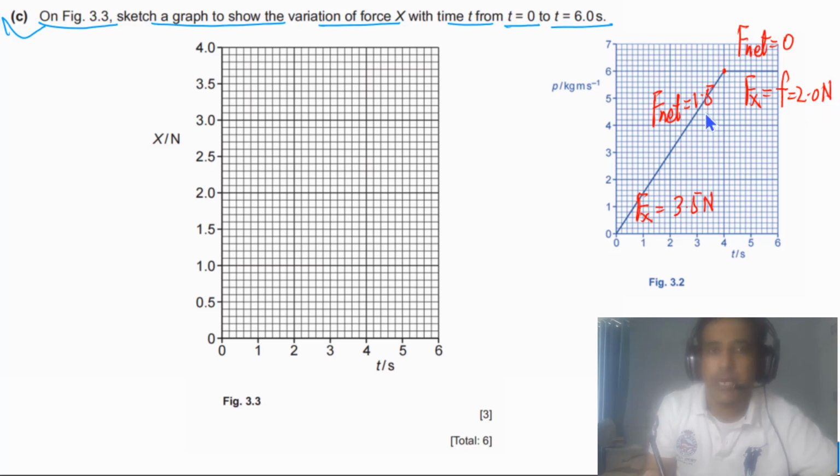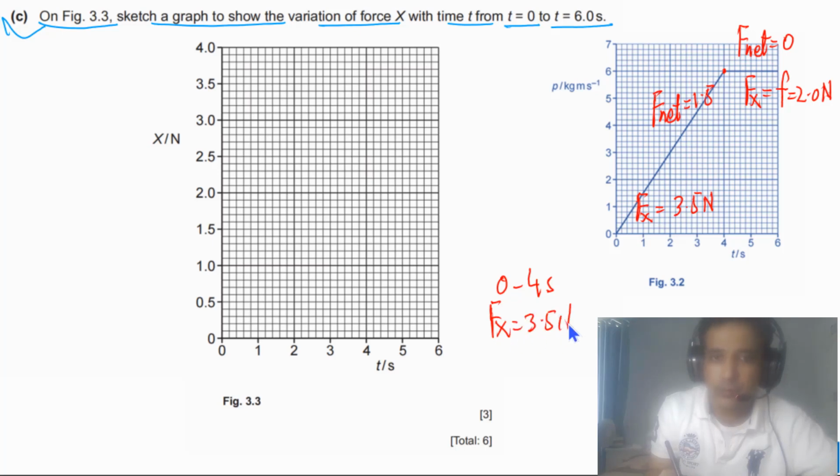So simply we have to divide this into 2 parts, 0 to 4 seconds and 4 to 6 seconds. In the interval 0 to 4 seconds, the value of Fx is 3.5 newtons, and from 4 to 6 seconds Fx is equal to 2.0 newtons.